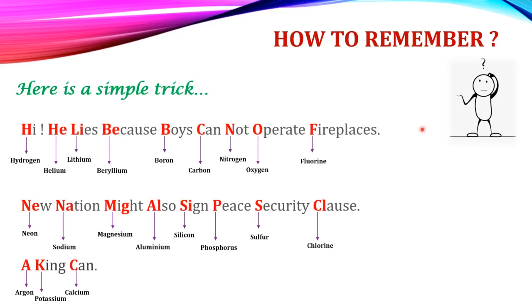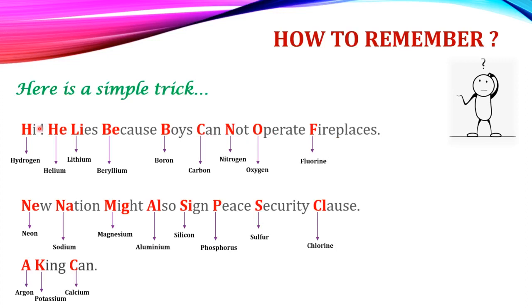Remembering the first 20 elements altogether is a tricky job for a beginner. So here is a very simple trick. You just need to remember these three sentences and the job is done. You can get all the first 20 elements in sequence. The first sentence is, "Hi, he lies because boys cannot operate fireplaces."